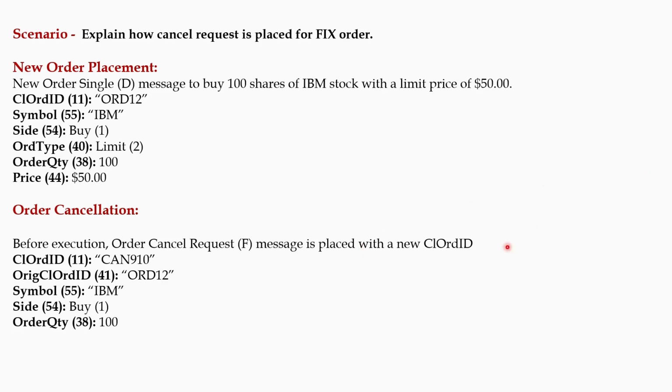This is a similar case, where it will be a new client order ID. Consider here CAN910. So the original client order ID, tag 41, will contain the client order ID of the 35=D message, that is order 12, and the remaining information is the same. So this indicates a 35=F message, that we are sending this cancel request to please cancel this order.